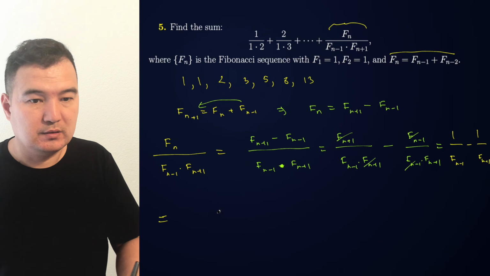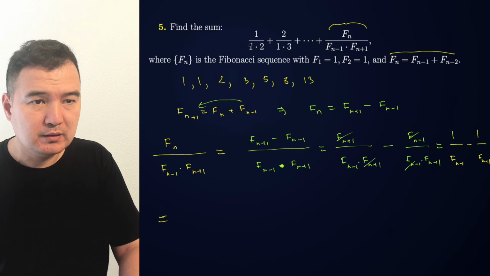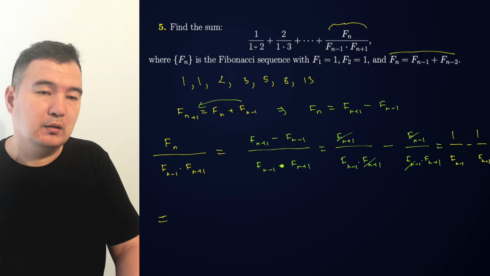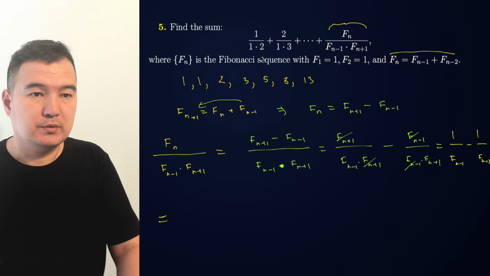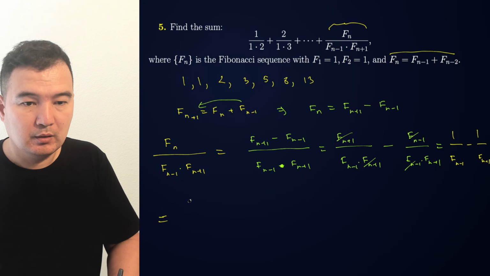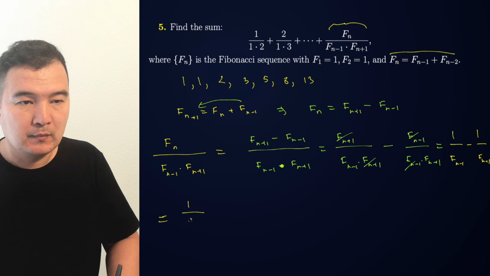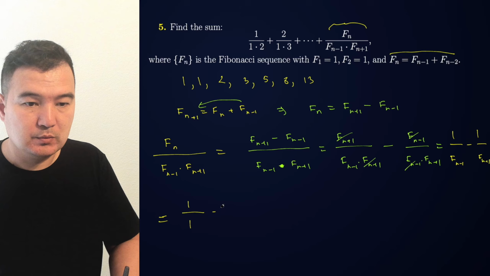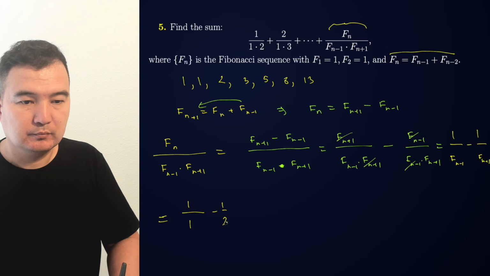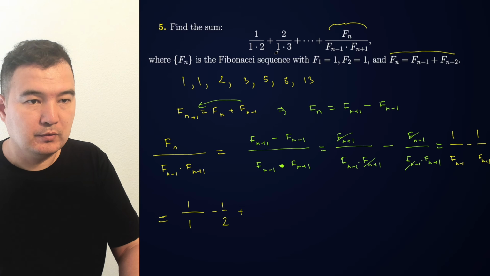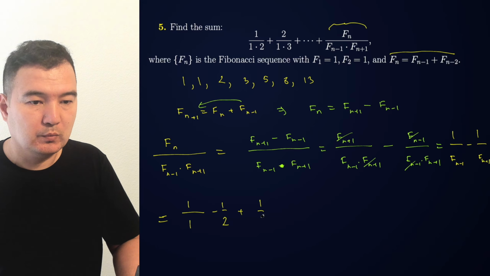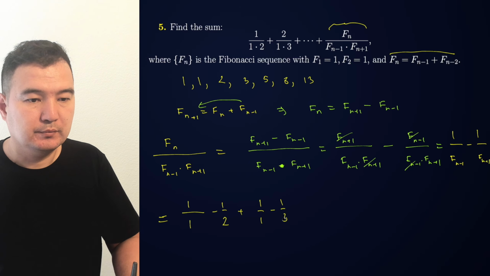this expression as follows. These are two Fibonacci terms, so I can write it as 1 over 1 minus 1 over 2. And then for this one, it's 1 over 1 minus 1 over 3.